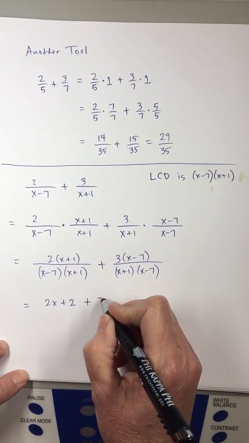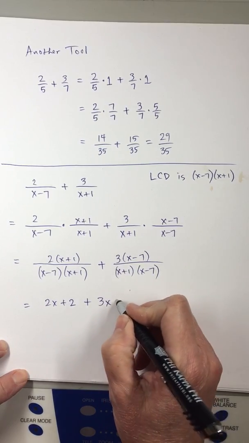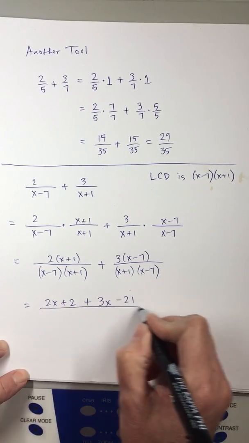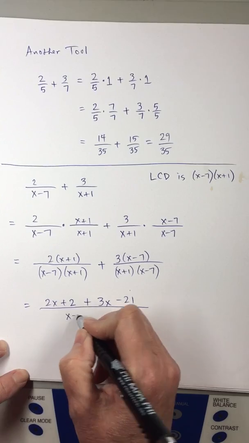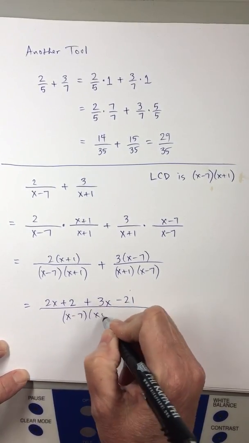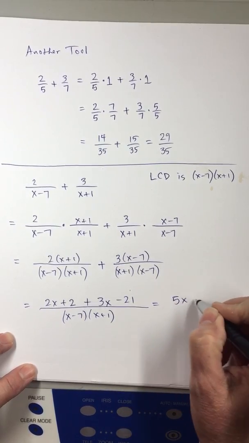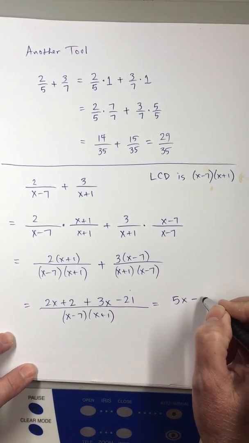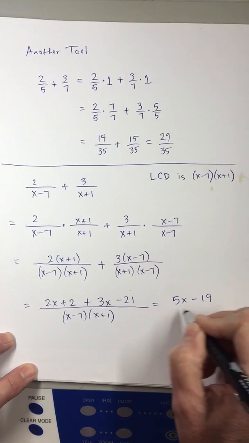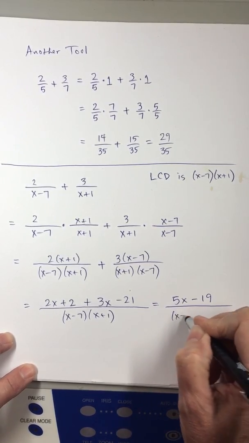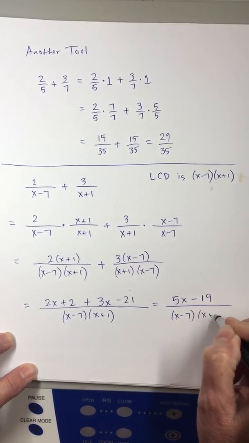I'm just going to go ahead and put the numerators together. Plus 3x minus 21 over x minus 7 times x plus 1. And that's going to be 5x minus 19 over x minus 7 times x plus 1.